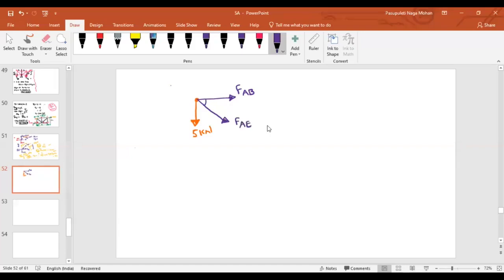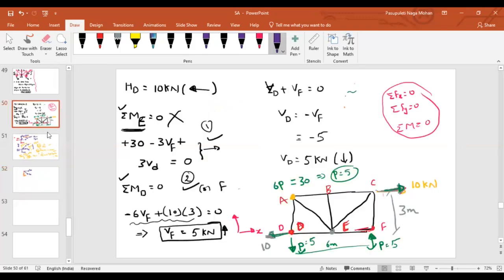Let us assume that this angle is, as I have given, everything is 3 meter. If this is 3 meter and this is 3 meter, what about this angle? 45 degrees, isn't it? Yes, sir. Tan equal to 1.